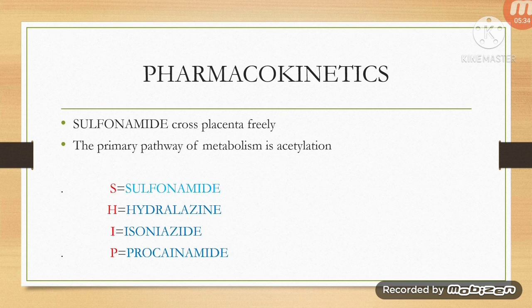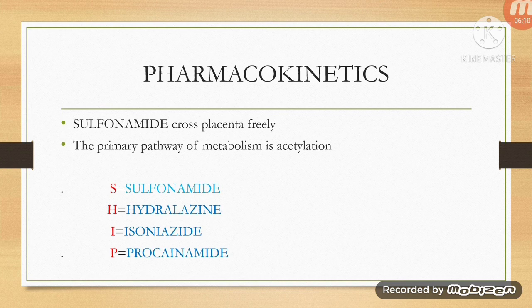For sulfonamides, I have not included any specific half-life value, because the several categories of sulfonamide drugs have several half-life values. Sulfonamides cross the placenta freely because they are lipid soluble, and the primary pathway of their metabolism is acetylation.